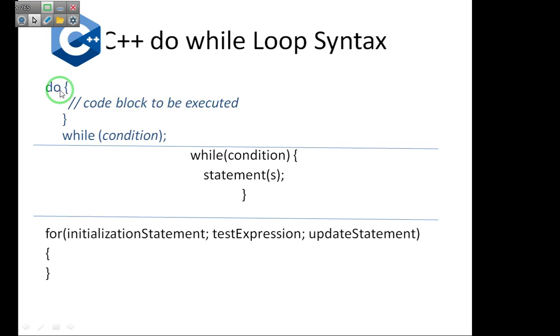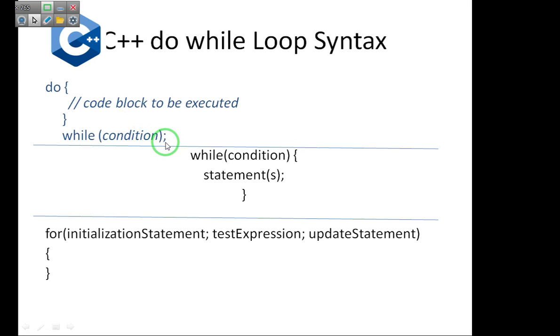So what does do mean? It will run that statement first and then it will check the condition. But in while, we have a condition first and then it will execute the statement. So here you also see that in do while loop we have a semicolon here, but in while loop condition we don't have a semicolon here.